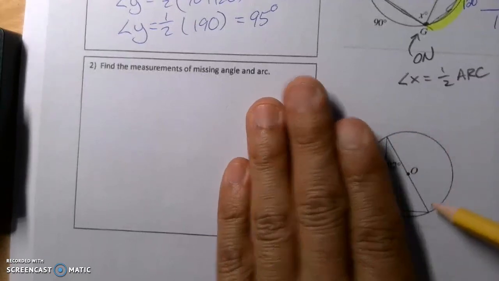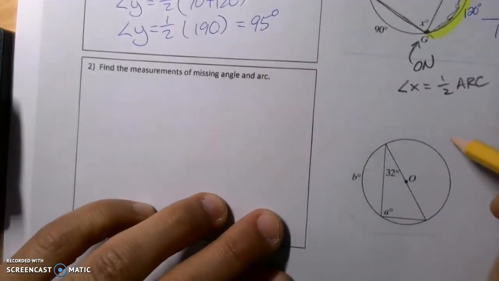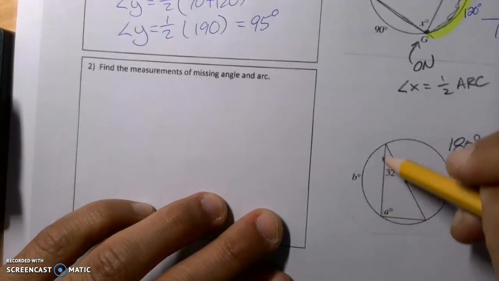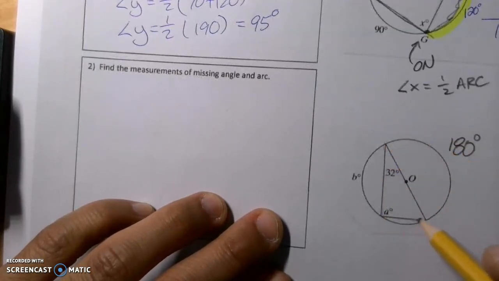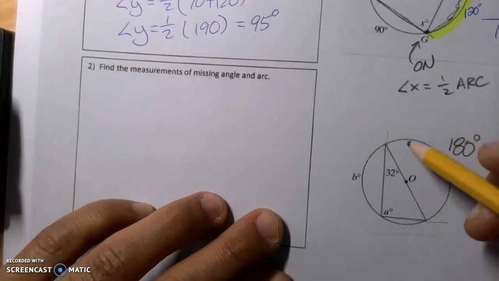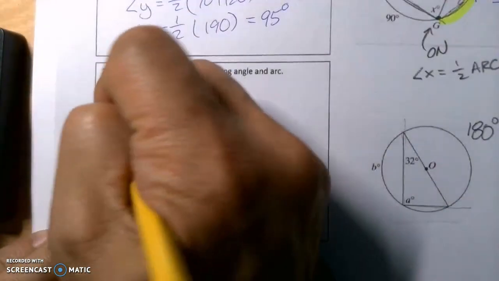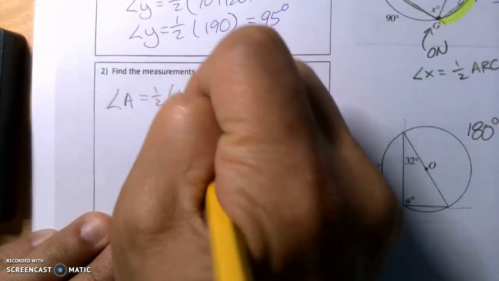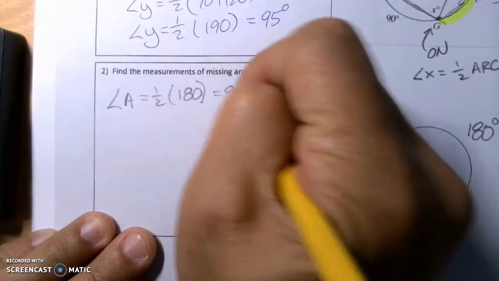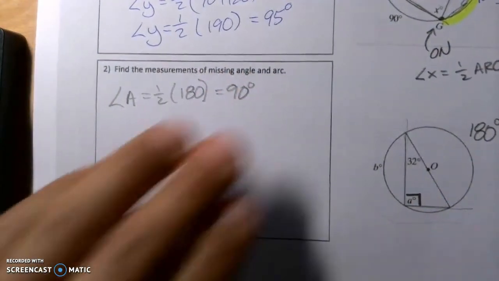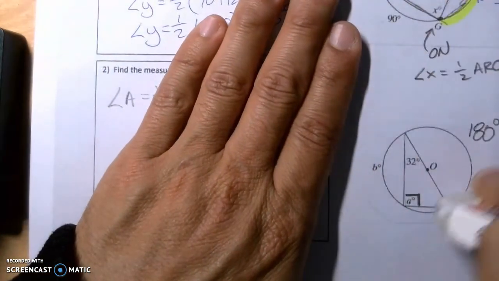Half of 360 degrees, an entire circle, half of it is 180 degrees. If I notice where angle A hits right here, it intercepts 180. Angle A is half the arc it hits, and it hits 180 degrees, so angle A is 90 degrees. It kind of looks like it's 90 because it is, because you hit half the circle.